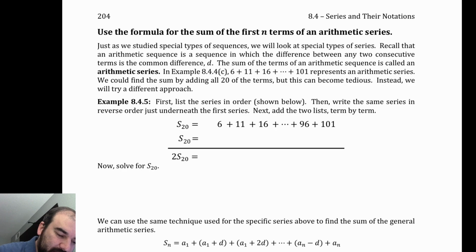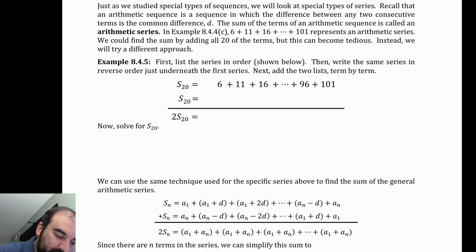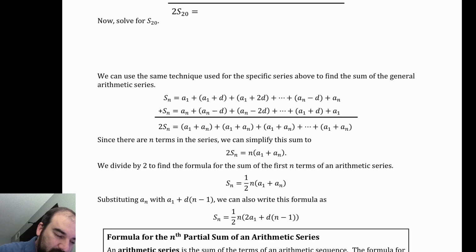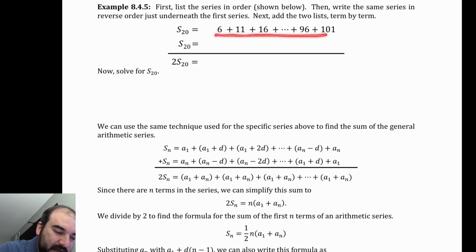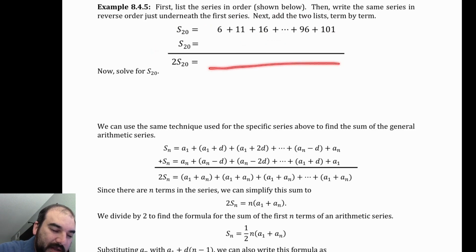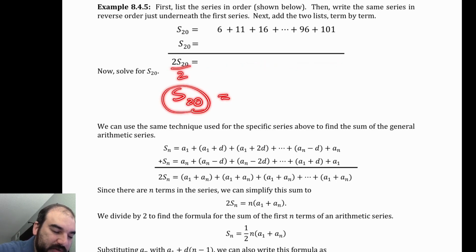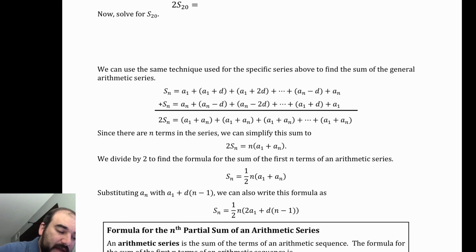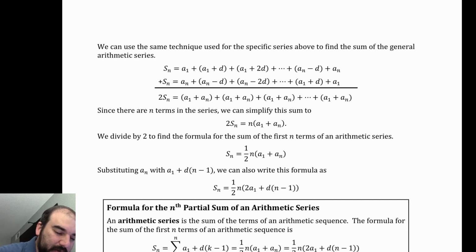I'm not going to necessarily ever ask you to derive the formula, but it comes from taking a series, let's say it has 20 terms, writing it in reverse order, adding those two together, getting that sum, and then dividing by 2 to get the sum of those 20 terms as a simplified expression. And then we can do the same thing using just the formula for a specific term of a sequence.